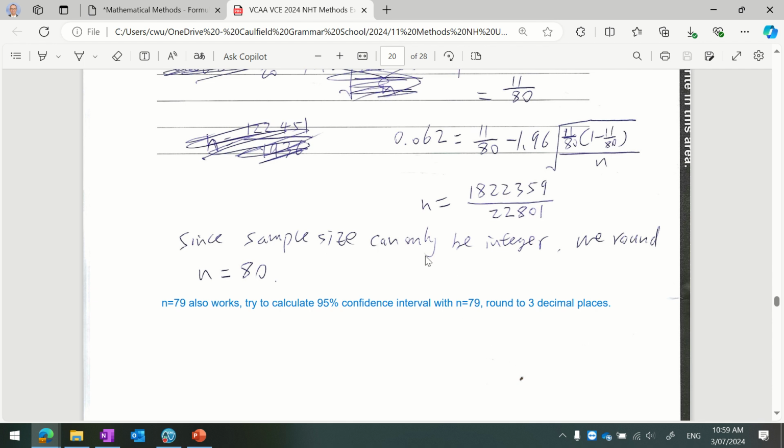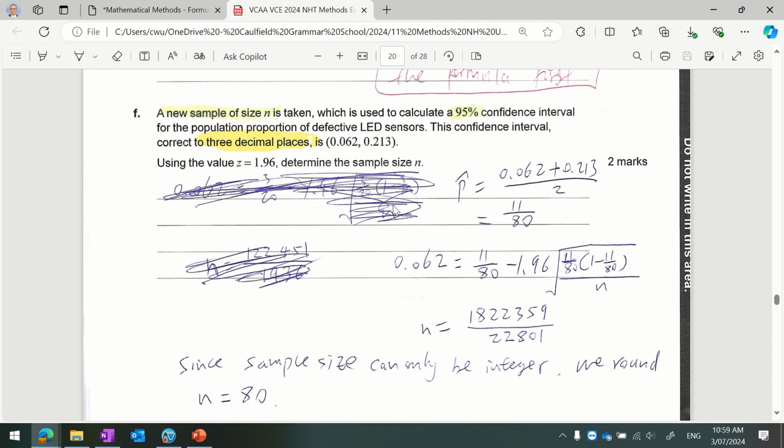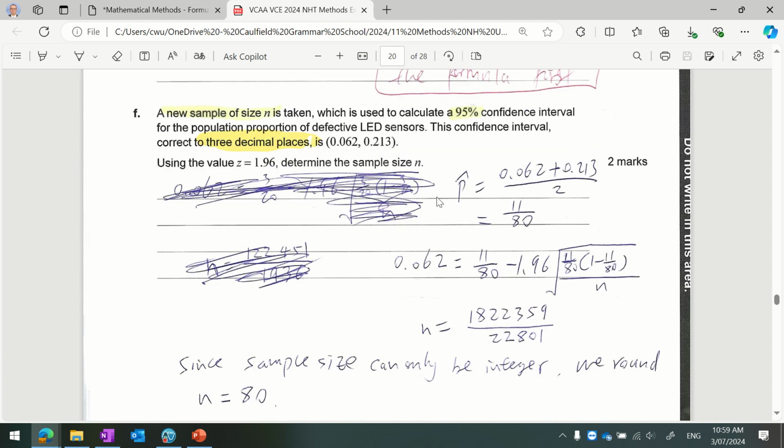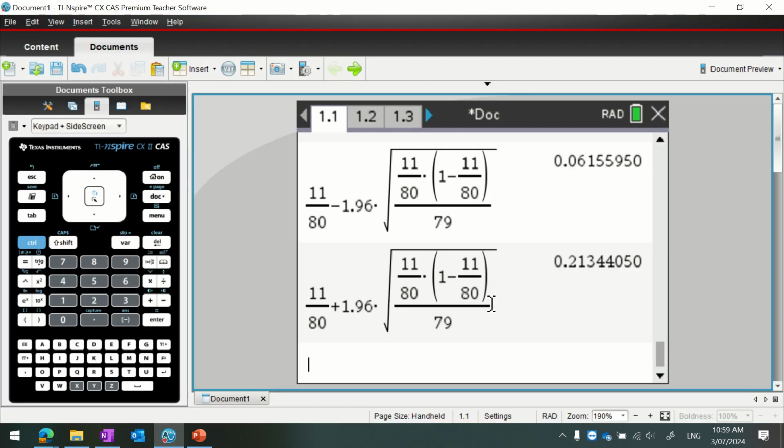Hopefully when VCAA decides on the marking scheme, they are careful enough to include n equals 79 as another correct answer, because it can work. Everything that the question is saying, 95% confidence interval, that is 1.96, and then the interval being those two numbers when you round, they're all satisfied. All those requirements are satisfied if n is 79.